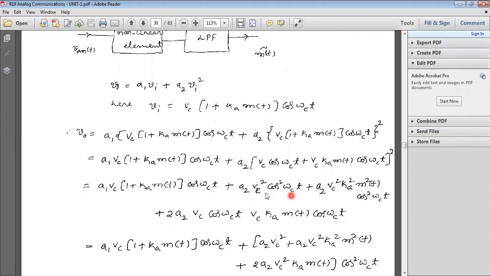Then here we get Vc square cos square omega Ct plus Vc square Ka square m square t cos square omega Ct plus 2 Vc cos omega Ct into Vc Ka m of t cos omega Ct.